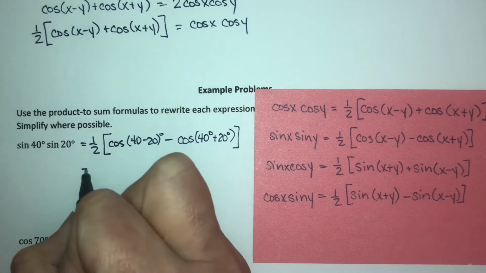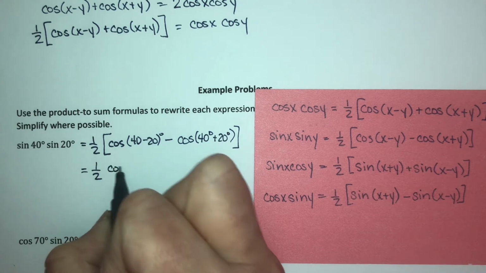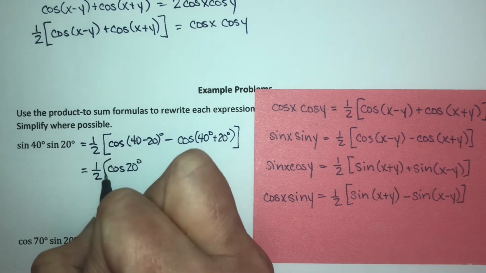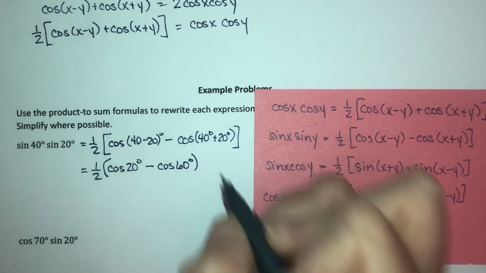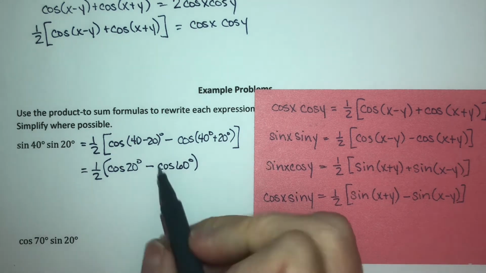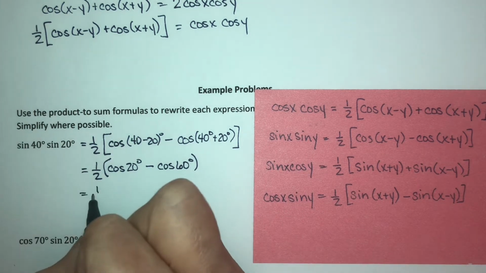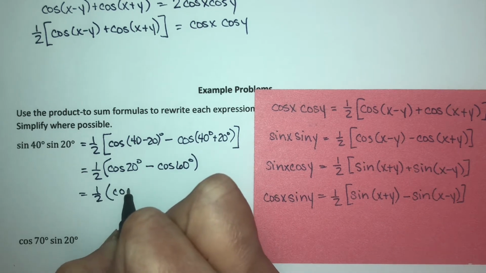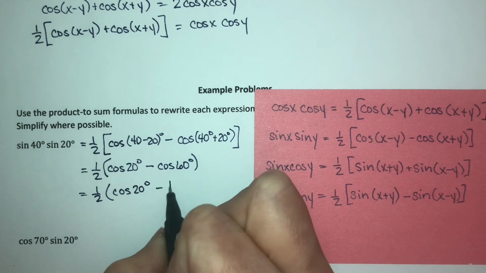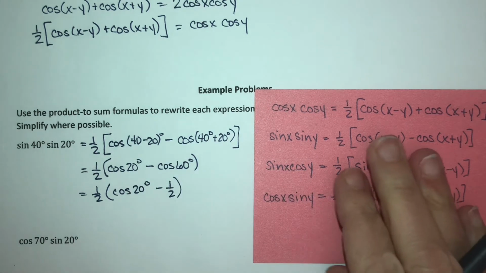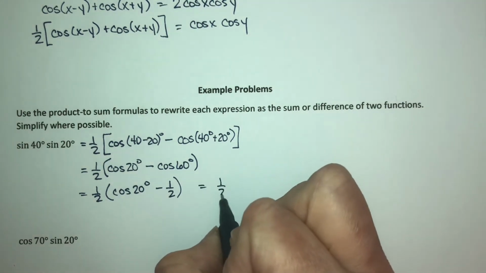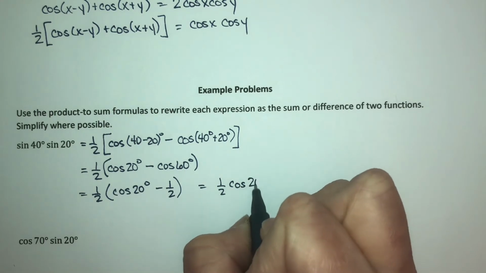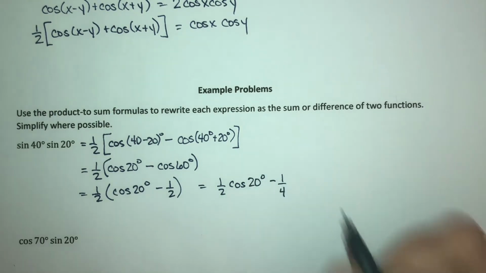So this gives me 1/2 of cosine of 20 degrees minus cosine of 60 degrees. Cosine of 60 degrees is 1/2, and cosine of 20 degrees is not one that we know, so we're going to leave it as cosine of 20 degrees. So the answer they're looking for is 1/2 cosine of 20 degrees minus 1/4. That's as simplified as possible.